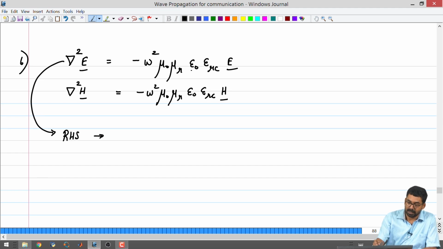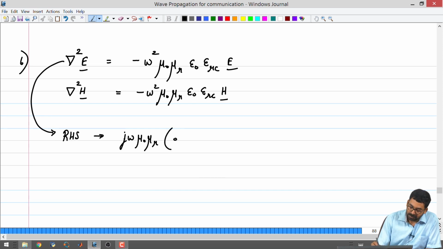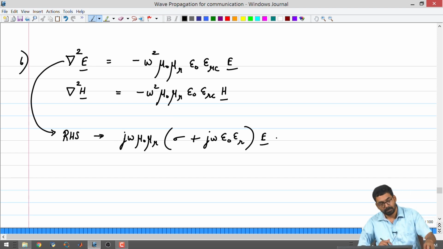I will just rearrange the right hand side: j omega mu naught mu r times sigma plus j omega epsilon naught epsilon r.